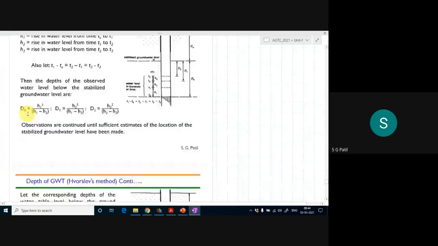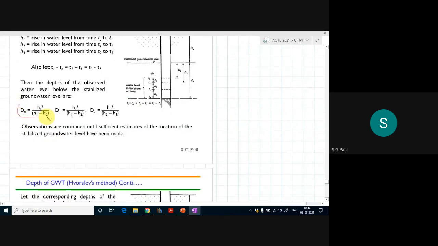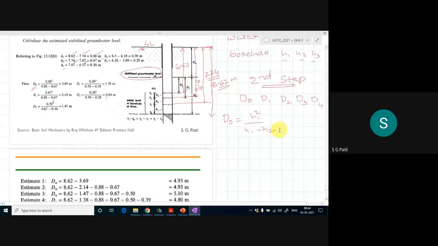Remember this formula. h1 square divided by h1 minus h2, h2 square divided by h1 minus h2, h3 square divided by h2 minus h3, like that. d1 is again h2 square divided by h1 minus h2, d3 is the same, h3 square divided by h2 minus h3, and d4 is equal to h4 square divided by h3 minus h4.